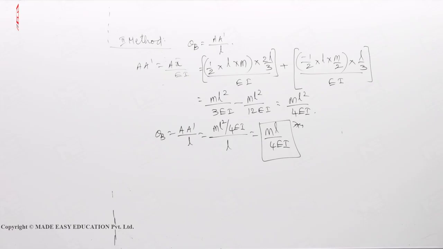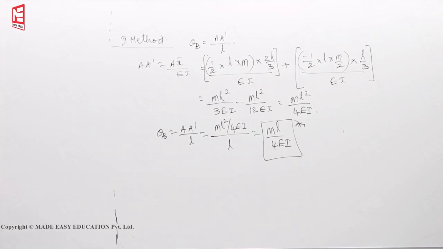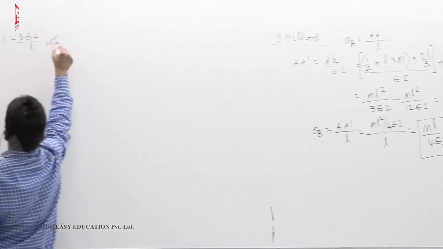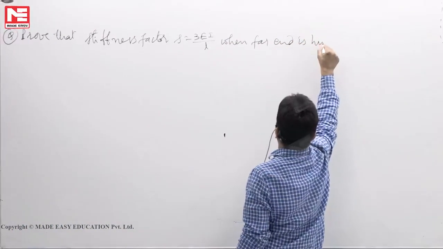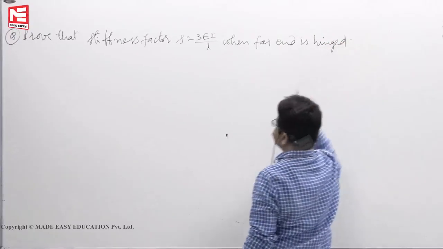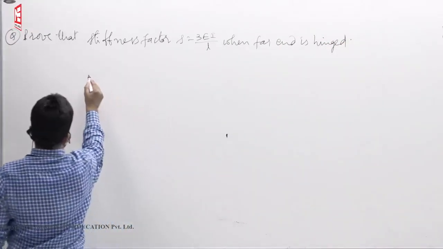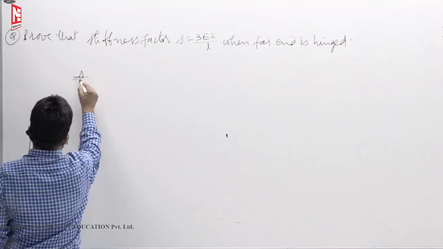Prove that stiffness factor S is equal to 3EI by L when far end is hinged. This again, strength of materials sir might have told you already.